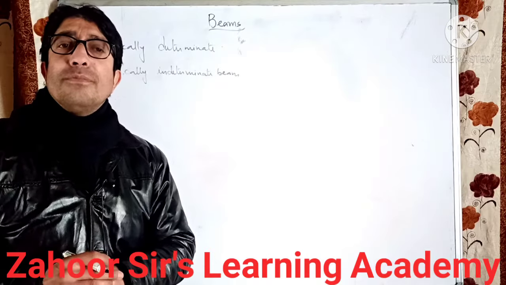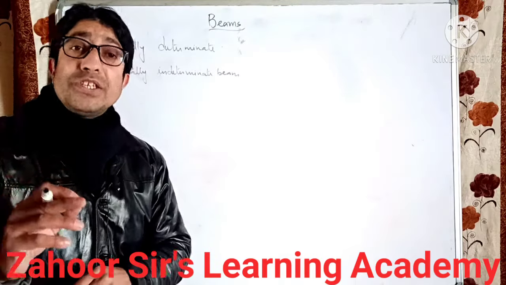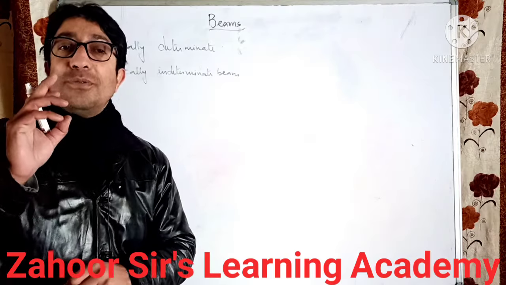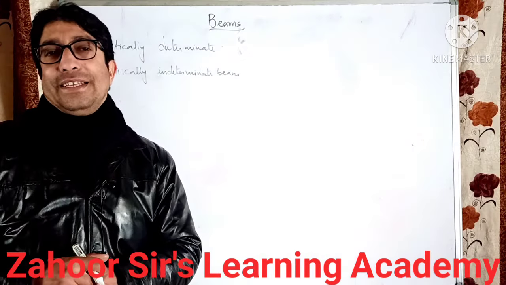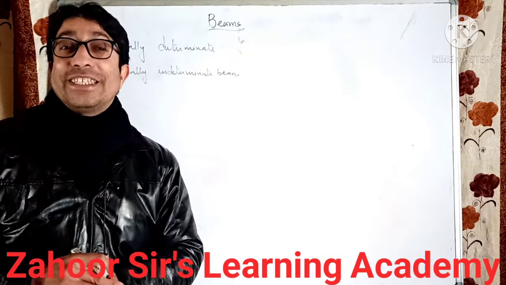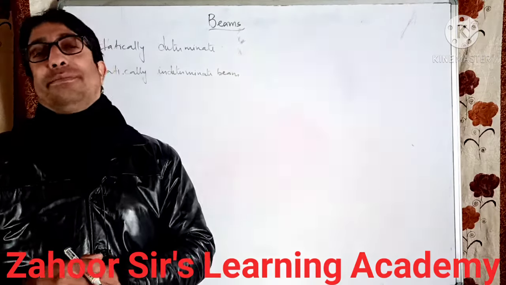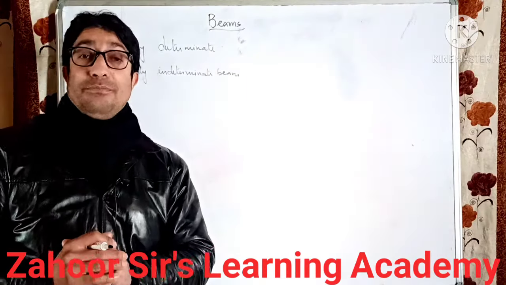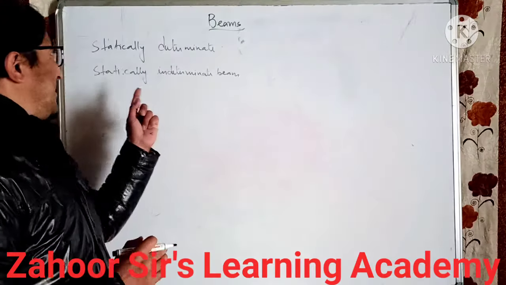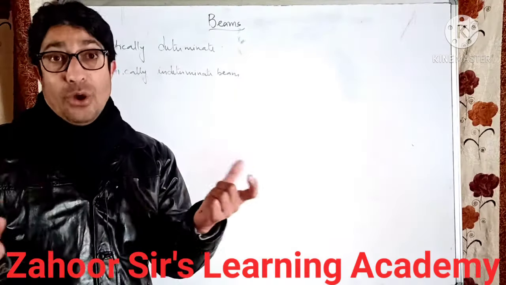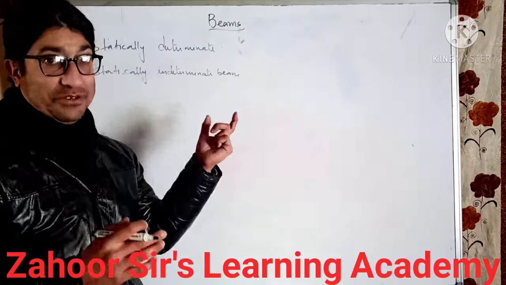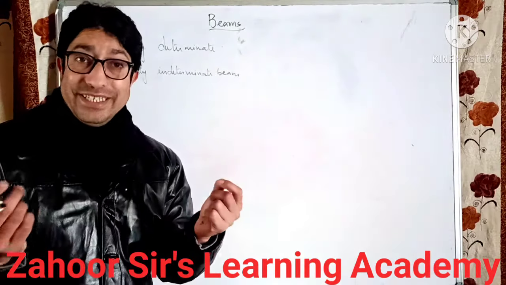A beam which can be analyzed on the basis of reactions is a determinate beam. You'll come to know what reactions mean. And the opposite of that, which cannot be analyzed on the basis of reactions, is an indeterminate beam.